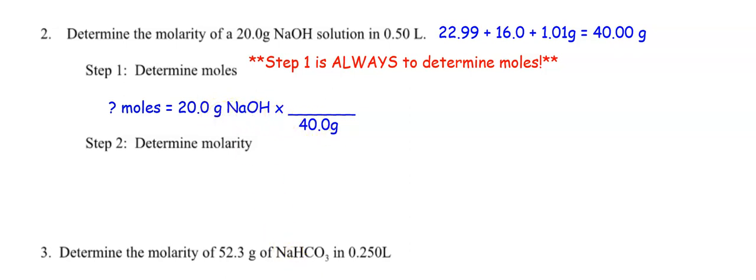And now I can put moles on top. What's 20 divided by 40? That works out pretty nice. Your calculator might just give you 0.5. Why did I write 0.500? Because the 20 grams has 3 sig figs, so I have 3 sig figs here. And now I have to determine what? Molarity.